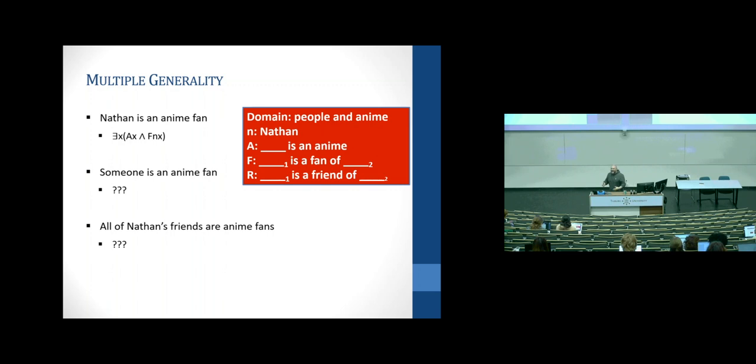We'll need two existential quantifiers. One of them will be our someone, and the other will be the anime that our someone is a fan of. We'll use that same structure we had for the top sentence. We're just going to kick the name out, replace it with an existentially quantified variable. So we can get something like that.